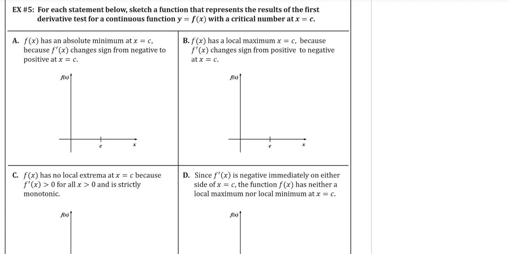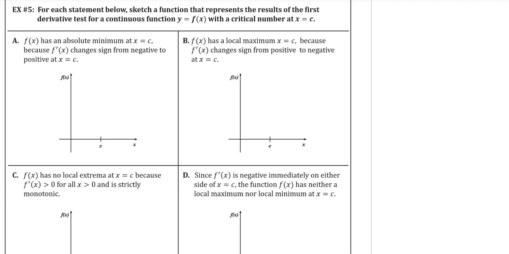So what you're supposed to do in each example is use the given information to sketch the graph. I'm not going to go through and do each one of these separately. I'm going to have you pause the video and draw each of these and then check your answer. Now I just want to caution you, your graph does not have to look exactly like mine.